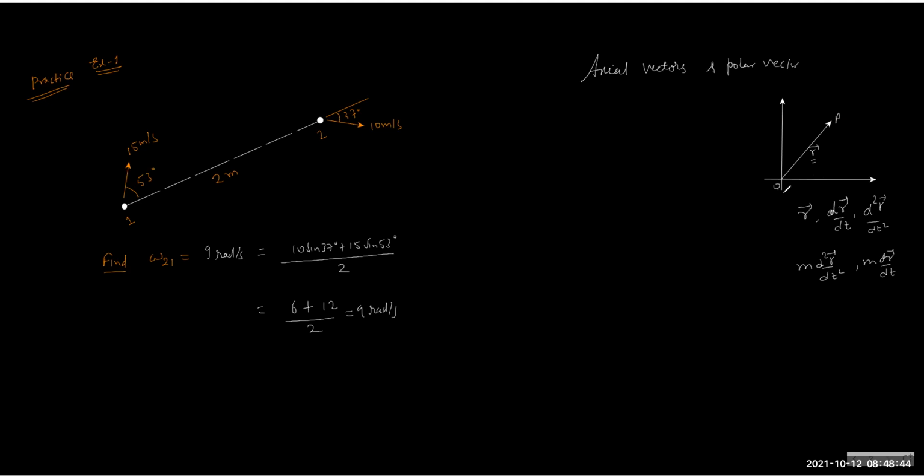The axial vectors are something which is virtual. It means you cannot define the origin. There is no origin attached to it. So omega is a sense. You cannot draw the omega with an origin.